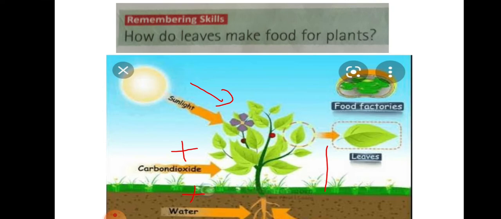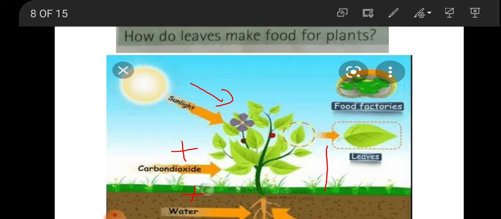Water, not only the water, it takes the nutrients, minerals beta, minerals, and the water from the soil, plus sunlight and carbon dioxide, and thus the leaf makes the food.